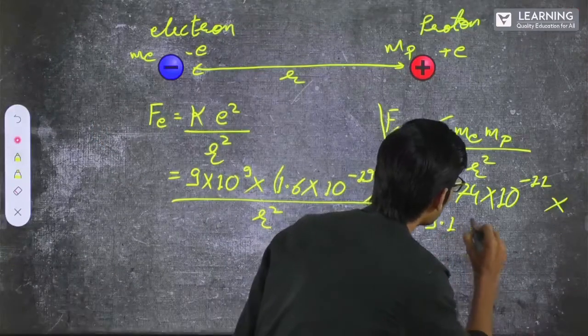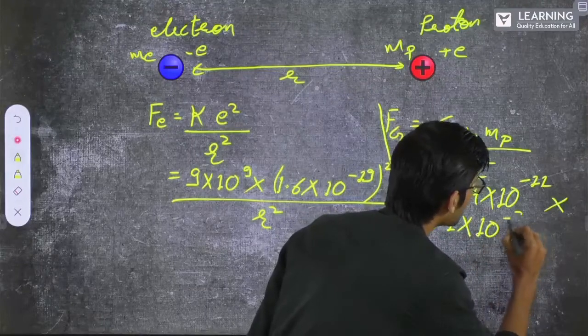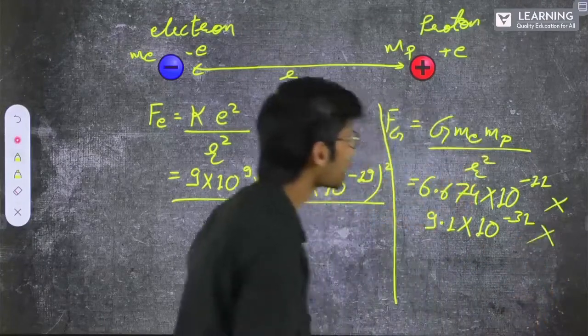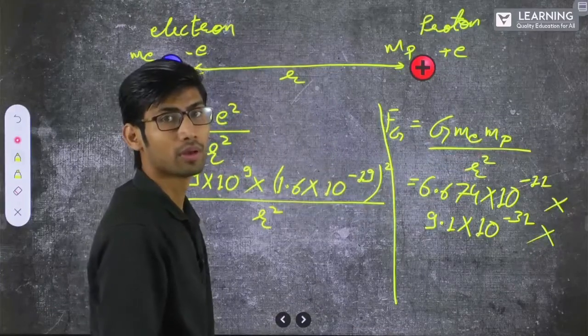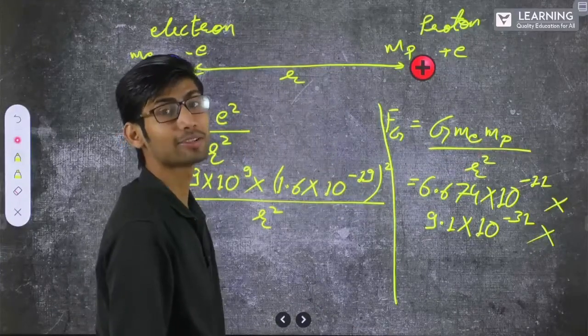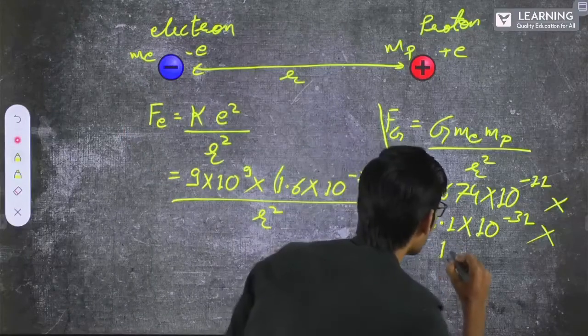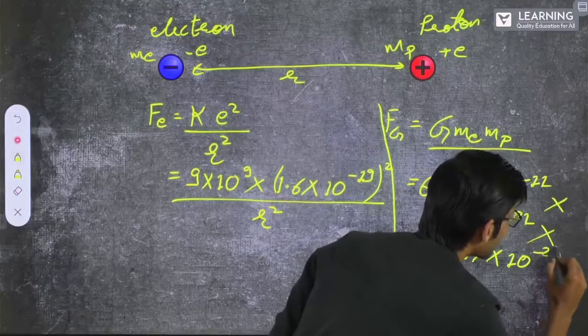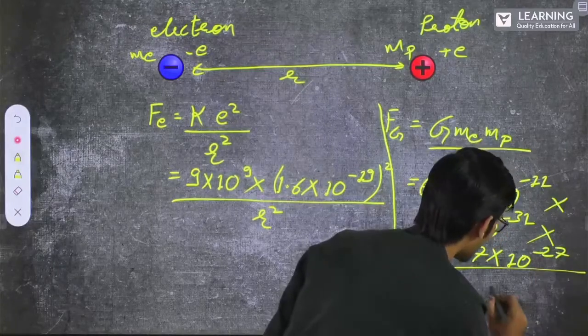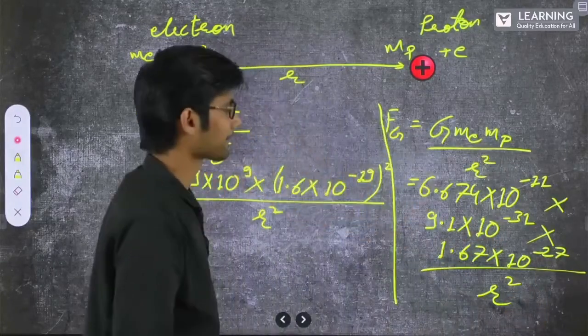What is the mass of proton? 1.67 into 10 power minus 27 kgs. Divide by r square. Correct?